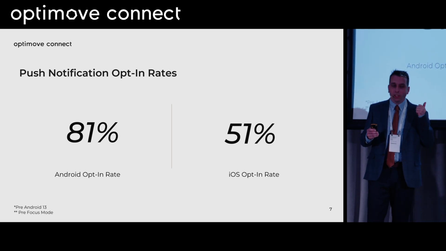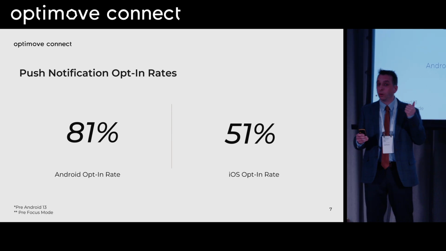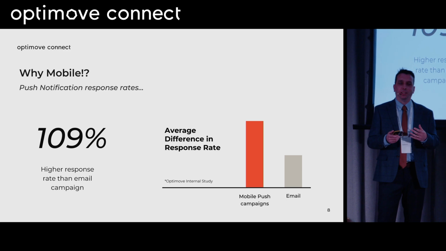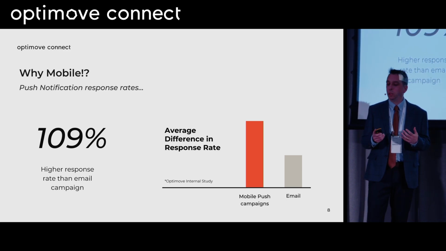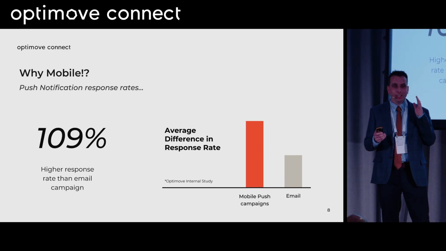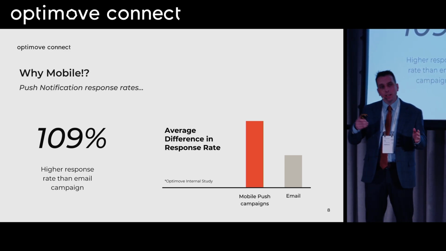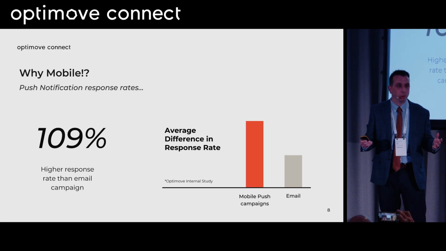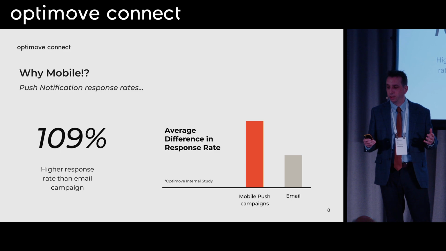So we know they perform well for immediacy, and we know that your audience is reachable. Combined, this means that the response and conversion rates we see on mobile are very, very high. Comparing just a single channel mobile push campaign to email campaigns for some of our clients, we see almost double the response rate for push campaigns.